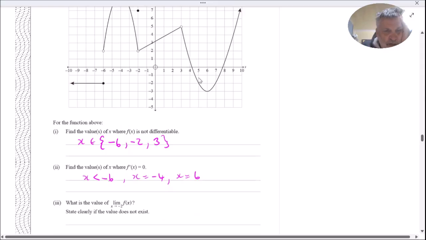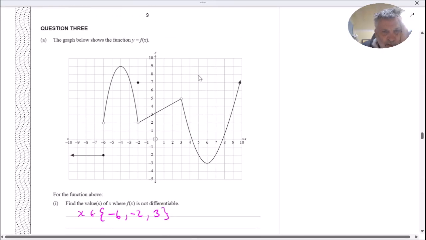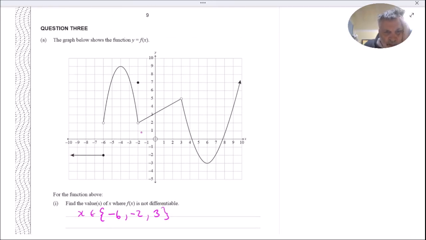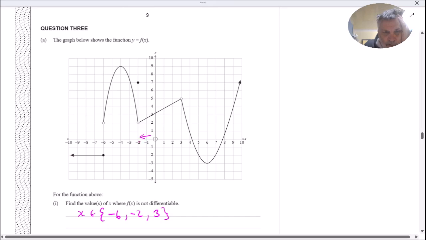What is the value of the limit as x goes to -2 of f of x? X goes to -2, so we're coming along here towards -2, or coming along here towards -2, and when we go along the function in both directions, are we getting to the same point? Yes, we are. We're getting to this point here, so this point is the limit.